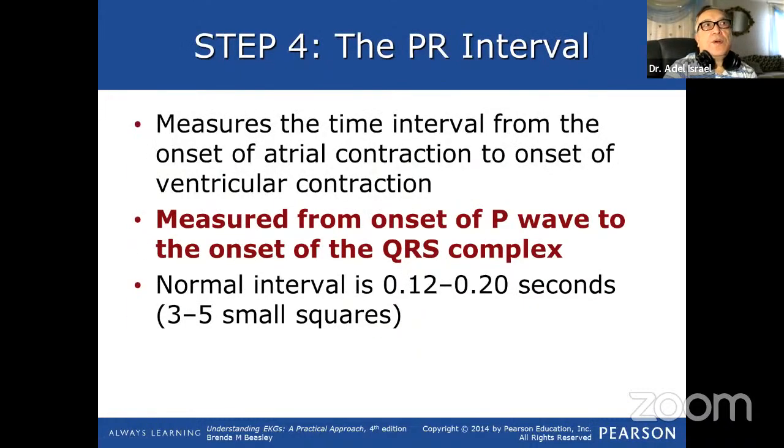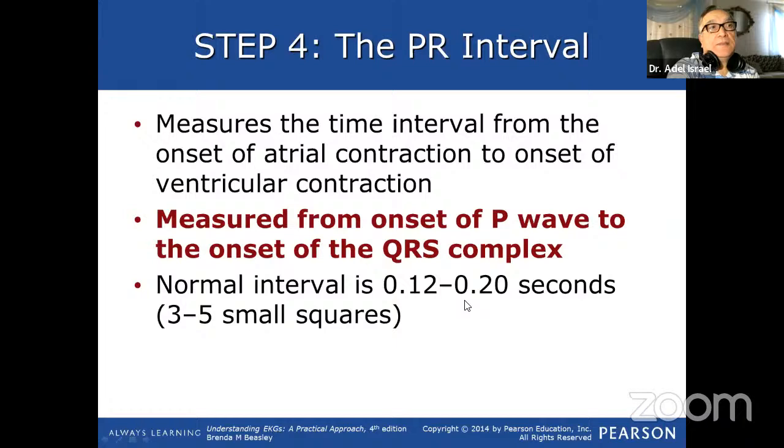The fourth step for interpreting the EKG strip is to measure the PR interval, and we learned before that the PR interval should range between 0.12 to 0.20, and this is very important. As I told you before, you have to keep focus on this number.